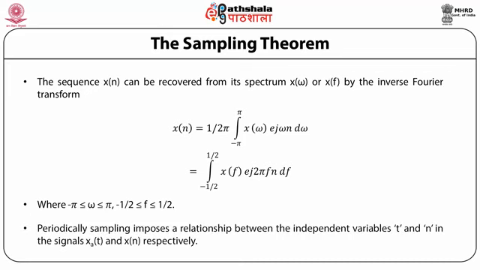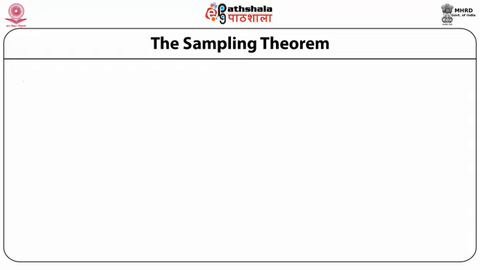So periodic sampling imposes a relationship between the independent variables t and n in the signals x_a(t) and x(n) respectively. That is, t equal to nT equal to n by Fs.